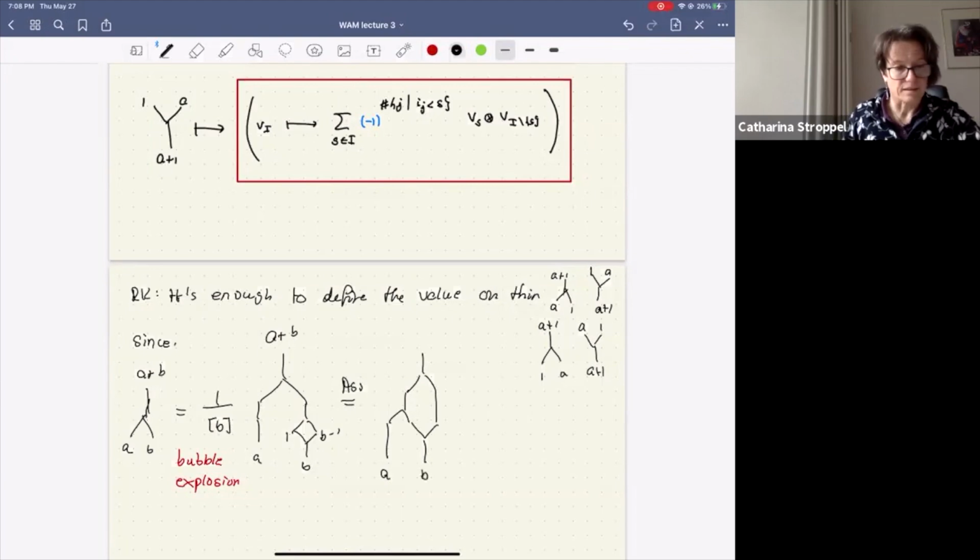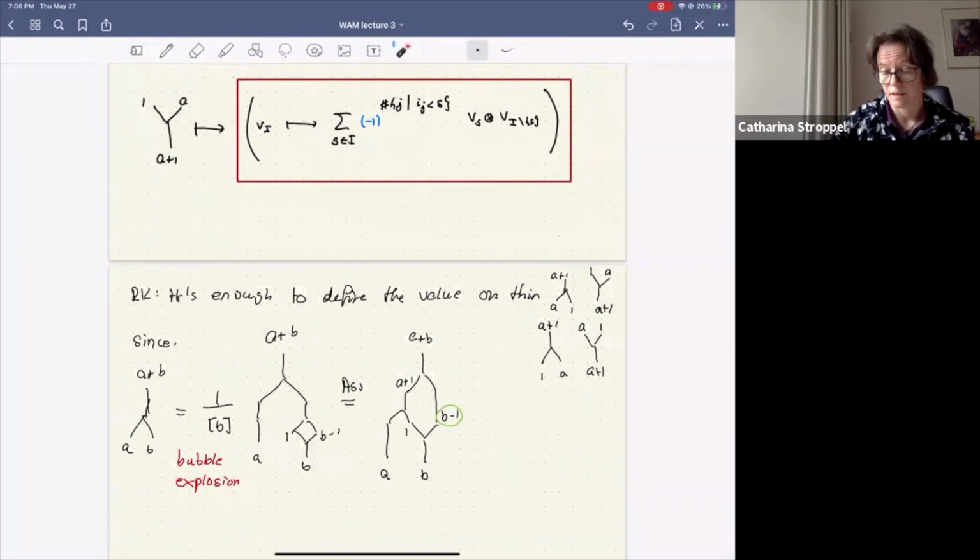So I get this guy, and I have A minus 1, and here 1, and B minus 1, and upstairs A plus, no, something is wrong here. This should be A plus 1. What you see now is this guy became smaller. I started with a B, and it became smaller.